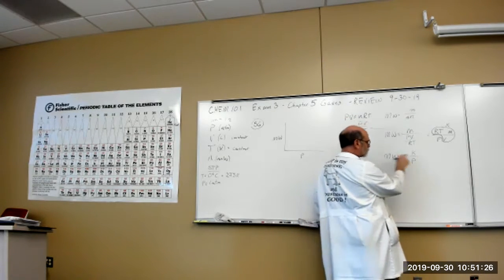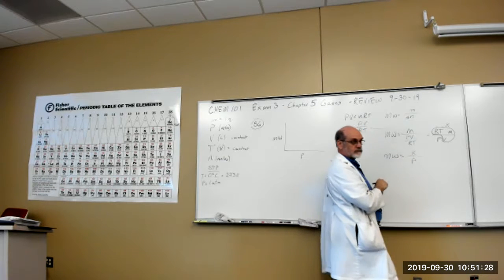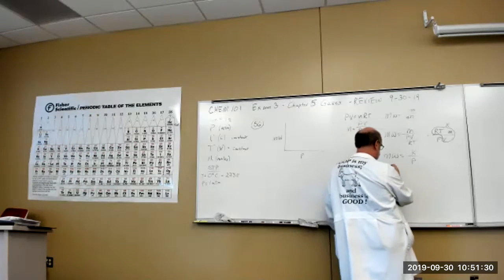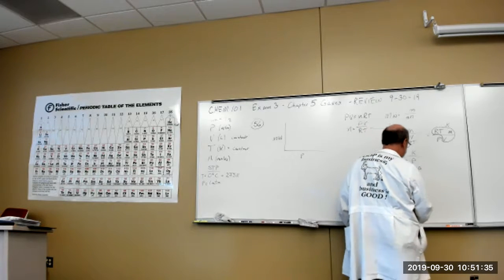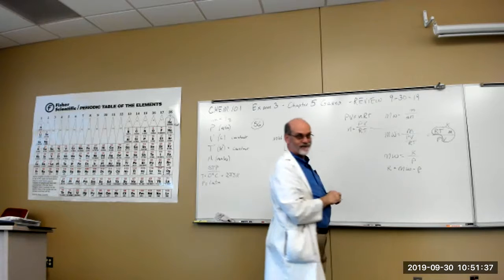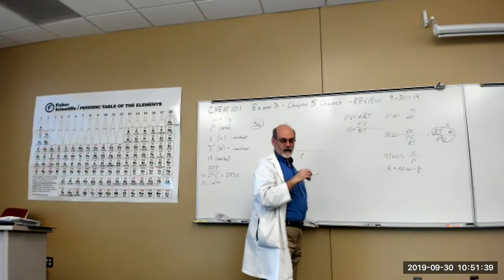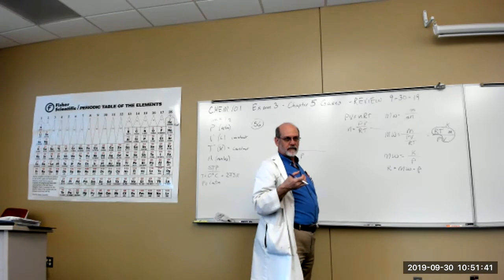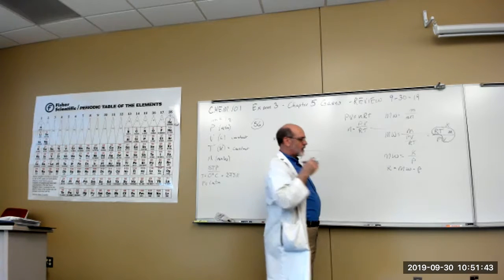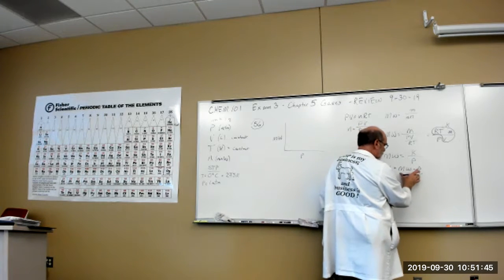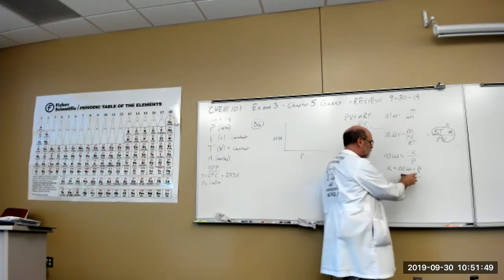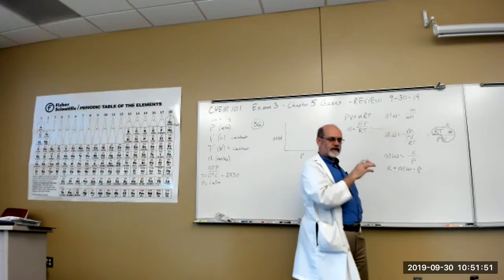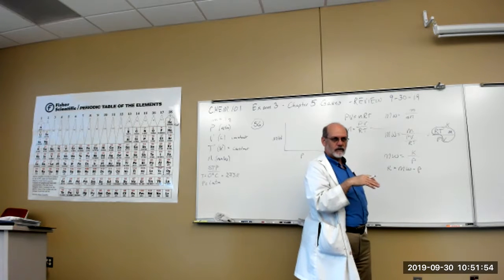So let's put K on one side. K equals molecular weight times P. Okay? Now, here's the real thinking part. Is the product of two variables equal to a constant an inverse relationship or direct proportional?